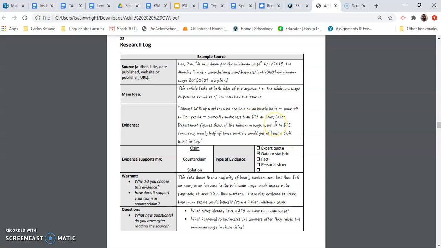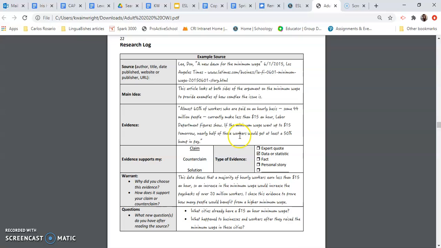So this is a statistic that supports a claim, probably about how the minimum wage should be increased to $15. And you can see here there's quotation marks at the beginning and at the end. That's because these two sentences came directly from the article. So the evidence is being copied exactly the same way that it was written in the article.